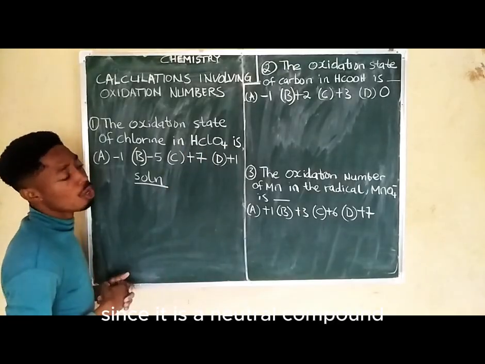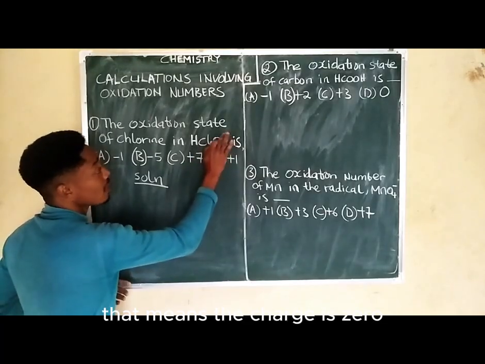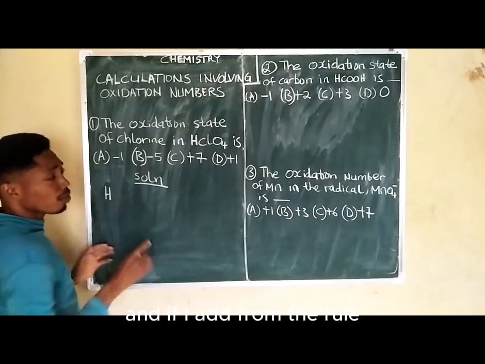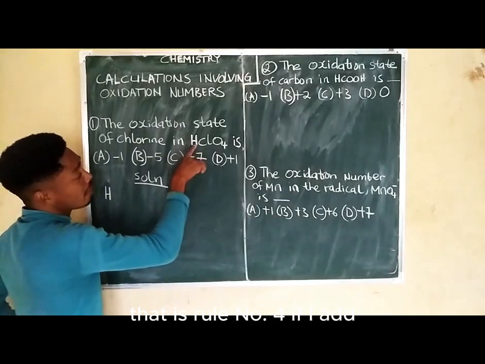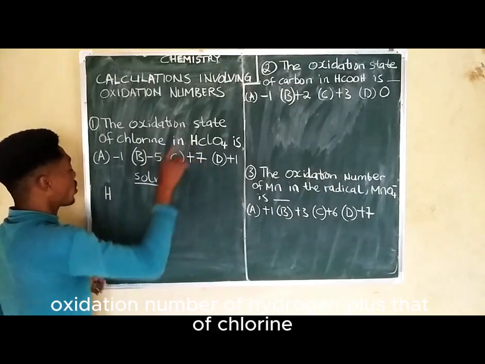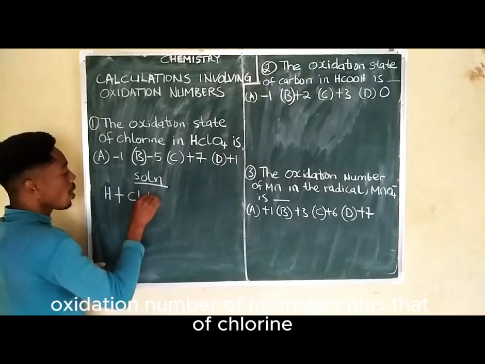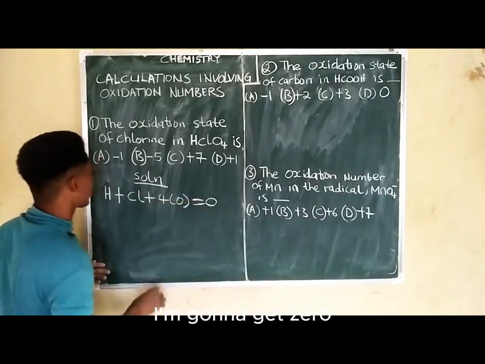Since it's a neutral compound, or a compound that is not an ion, the charge is 0. From the rule, rule number 4, if I add the oxidation number of hydrogen plus that of chlorine plus that of 4 oxygens, I'm going to get 0.